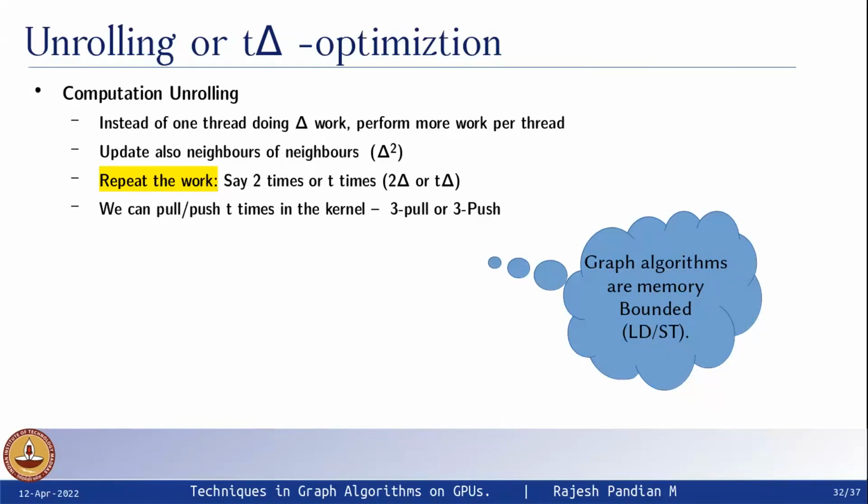This can be set to an arbitrary t value for a specific application, but in our case, when t equals 3, we were getting peak performance compared to a normal single pull or a single push SSSP, right?